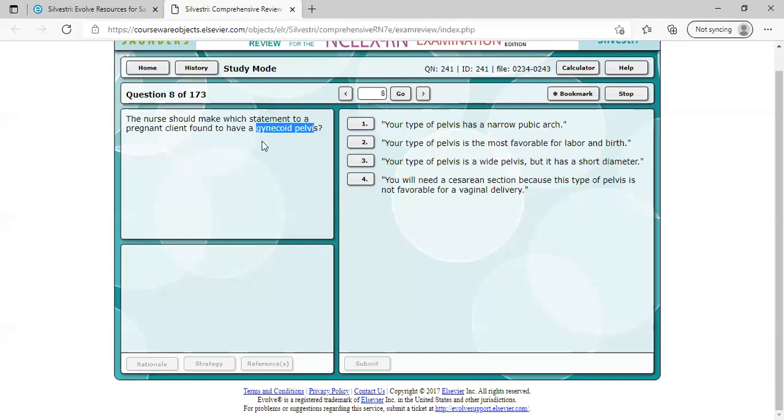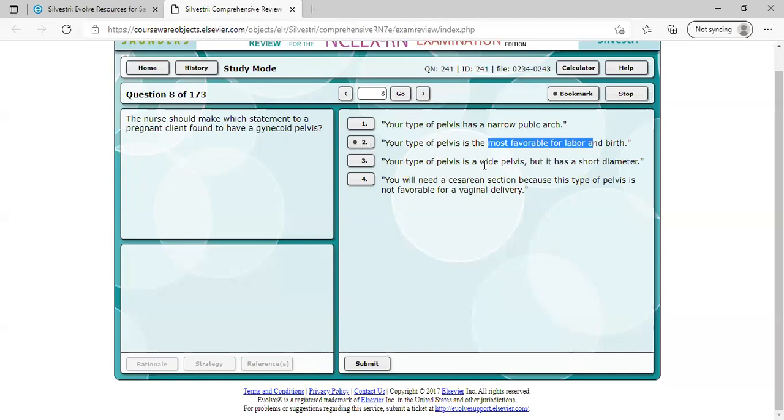As I told you, there are several types of pelvis, but the most favorable for successful labor is called the gynecoid pelvis. Okay. So this is very relevant. Number two is a good answer.